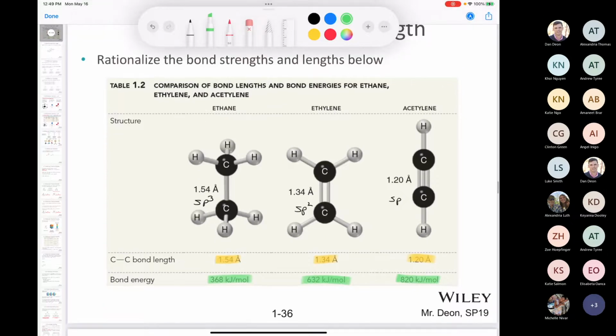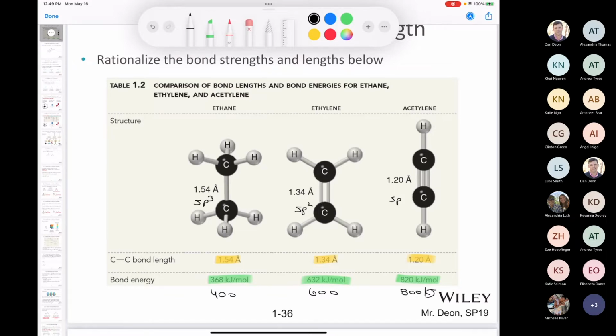The numbers that I think are really quick and easy to remember are roughly 400, 600, 800 kilojoules per mole, as you go from a single carbon-carbon bond to a double carbon-carbon bond to a triple carbon-carbon bond. These are just numbers that are handy to have in your back pocket.